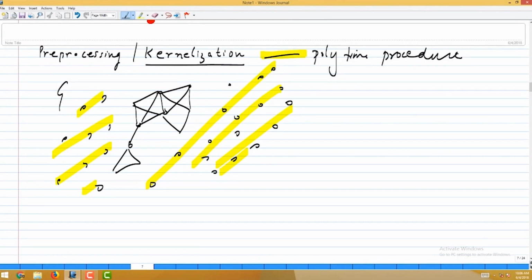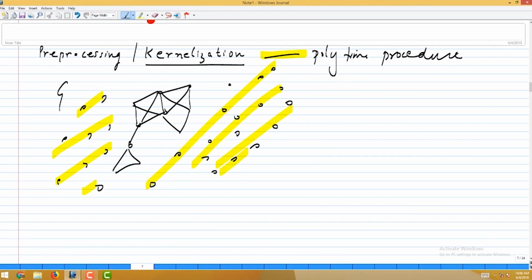You have the input, you run this polynomial time procedure one time, and you are able to throw away at least one vertex. For example, if it is a graph problem, you throw away one vertex from the graph. Look at the remaining graph, run this preprocessing procedure again, and you are able to throw away one more vertex in polynomial time. So in n steps, you would be able to throw away all the vertices in the graph.